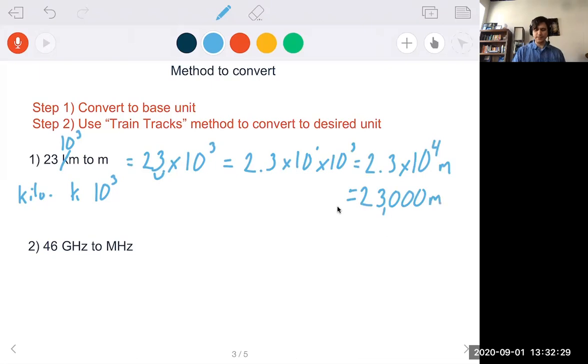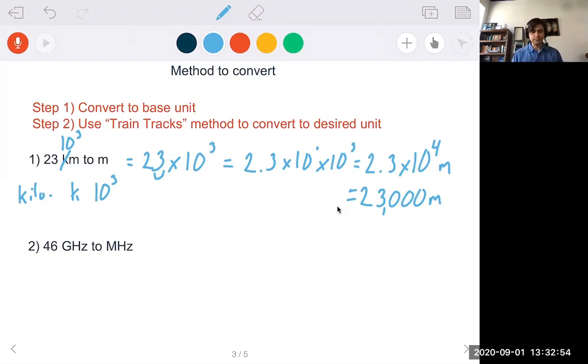23,000 meters. Now I want to start with a simple example like this to hopefully reinforce that you can logic your way to a lot of these answers, because 23 kilometers, let me say that out loud, replacing what the kilo means, 23,000 meters. Oh, that got me directly to my answer. 23,000 meters.